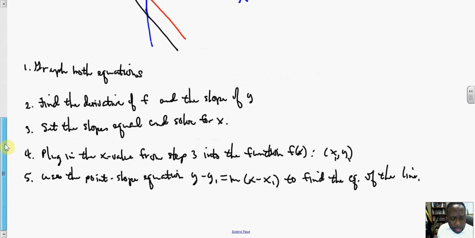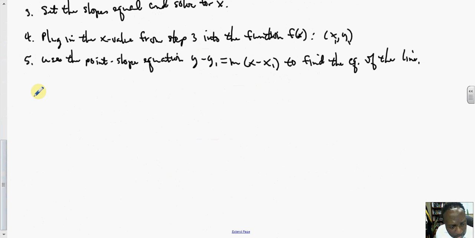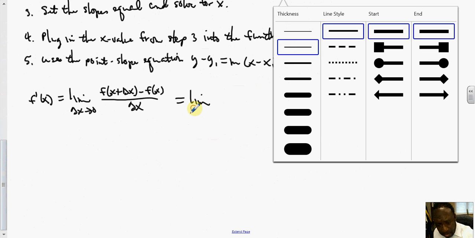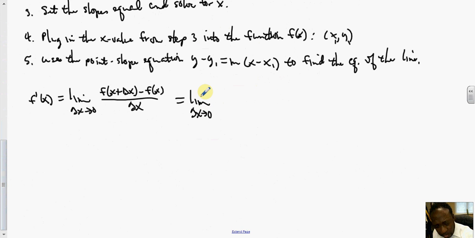F of x is equal to 2x squared. So f prime of x is equal to the limit as delta x goes to 0 of f of x plus delta x minus f of x all over delta x. This is the limit as delta x goes to 0.